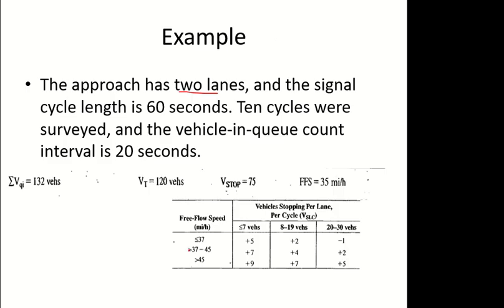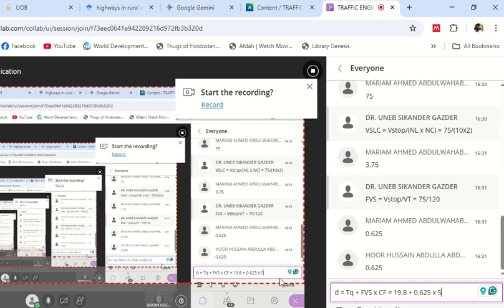Correction factor needs this table. What is my free flow speed? 35. So this row here. What is my vehicle stopped per lane per cycle? 3 point something, right? So this value here. So 5.